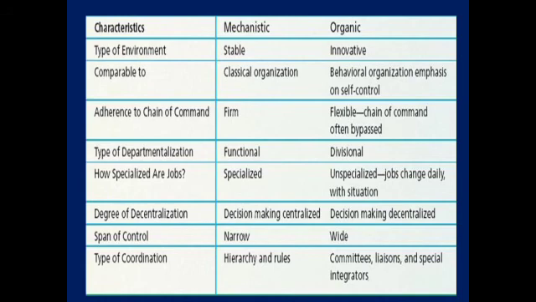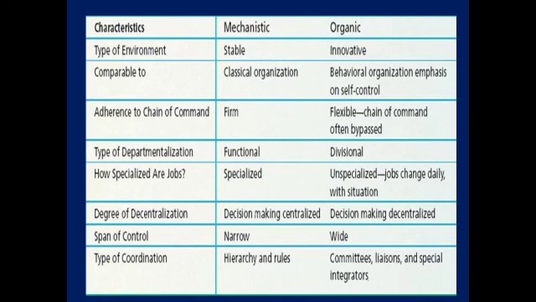Type of departmentalization: in the mechanistic it is functional, and in the organic it is divisional. How specialized are jobs? In the mechanistic, it is perfectly specialized. Here it is not necessary to have specialized jobs. Next, degree of decentralization: decision making is centralized in the mechanistic, but here it is not centralized.